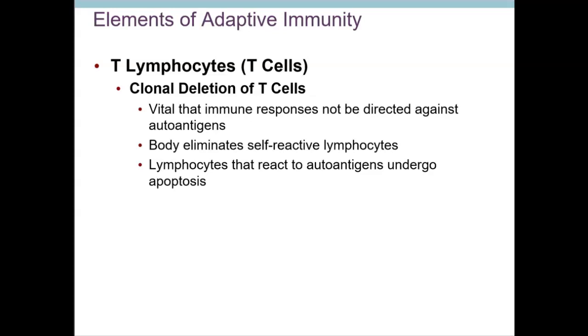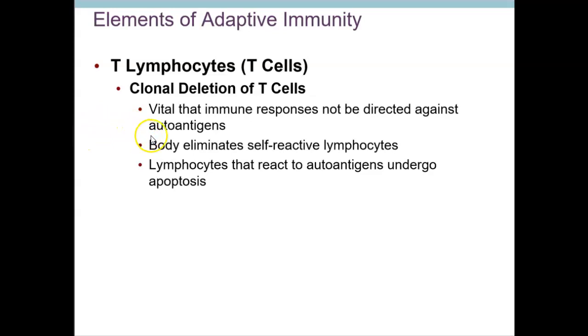So early in the process of becoming a T cell, there's a screening process where basically all the T cells say, here's my epitope, or here's my antigen binding site. And if this is normal, then you need to kill me, and that's exactly what happens. The ones that have antigen binding sites that bind to epitopes that are normally produced in that individual's body, those T cells die. This is called clonal deletion.